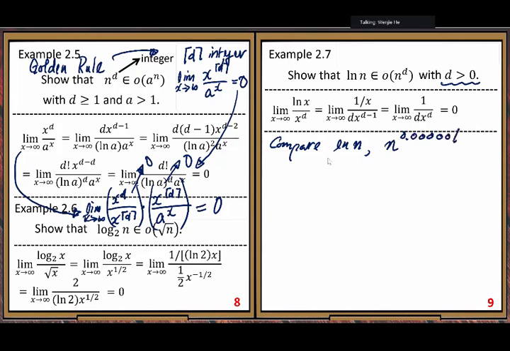How about 1/millionth? That d is extremely small, right? With such a small exponent, how can this power function compete with a natural log function?